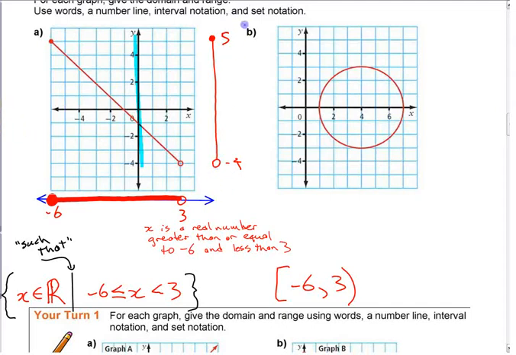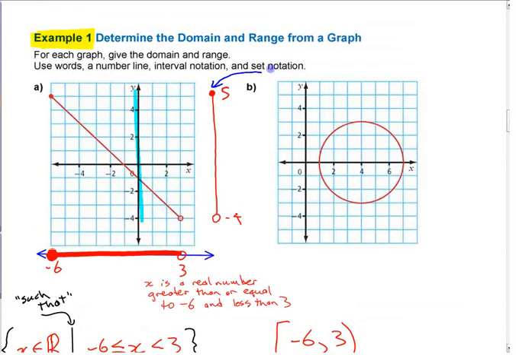What does that mean? Solid circle at 5. You can call it a closed circle or solid circle or filled in, whatever you want to call it, that means it includes that point. Is 5 part of the range here? Yes, it includes that point.